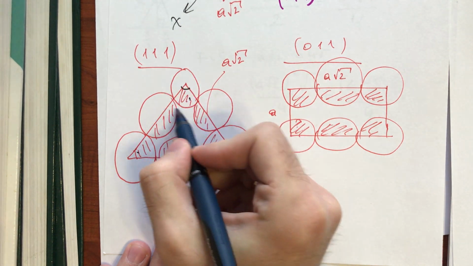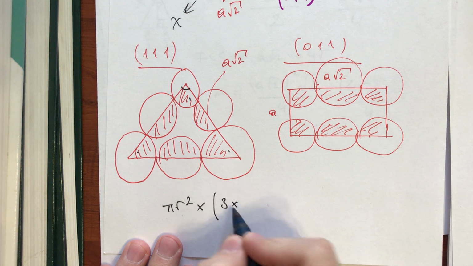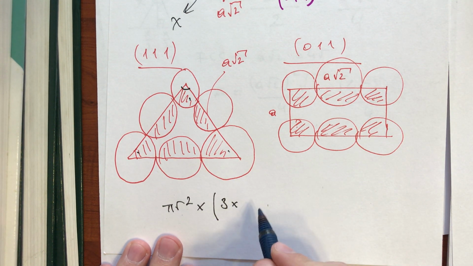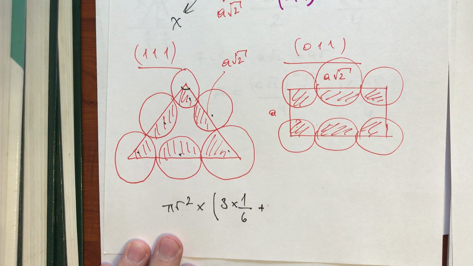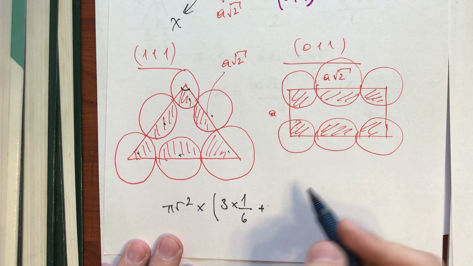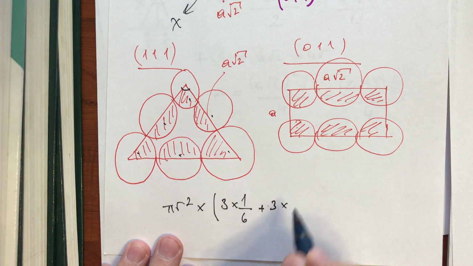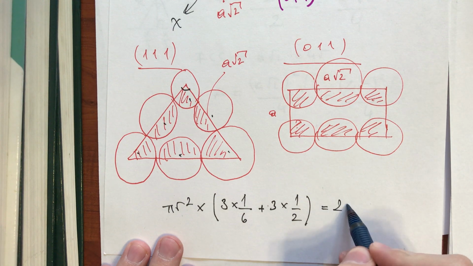This is 60 degrees and the whole atom is 360 degrees, so 60 over 360, we have 1 over 6, plus we have these center atoms here. They are lying on the middle of each edge, and half of them are inside this plane. So 3 atoms, half of them are inside. If you simplify this, you will get 2 pi r squared.